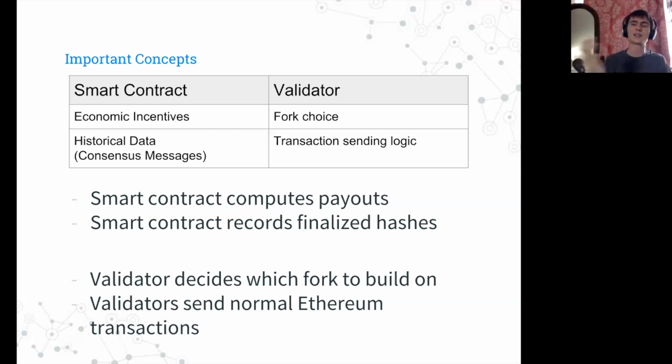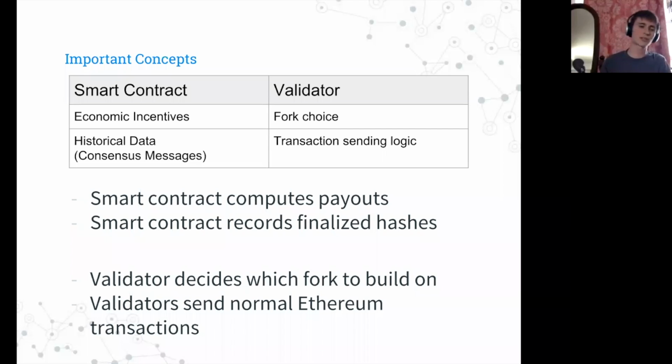They decide, okay, this is the fork I'm going to build on, and this is the fork I'm not going to build on. They also have the transaction sending logic, which prevents the stalemate I was talking about previously. It's the logic that says, I'm going to be first and I'll prepare now because I think a bunch of people will prepare.